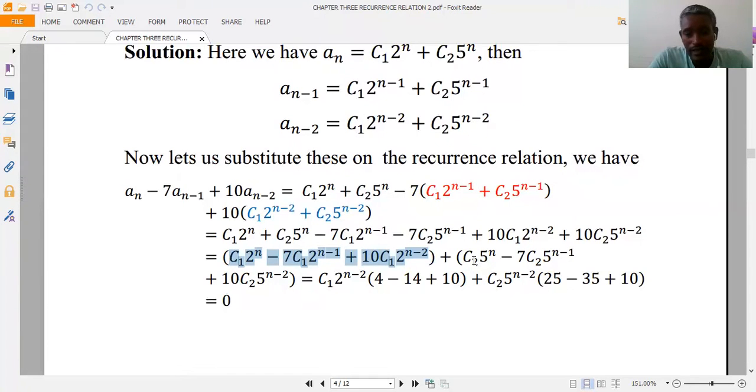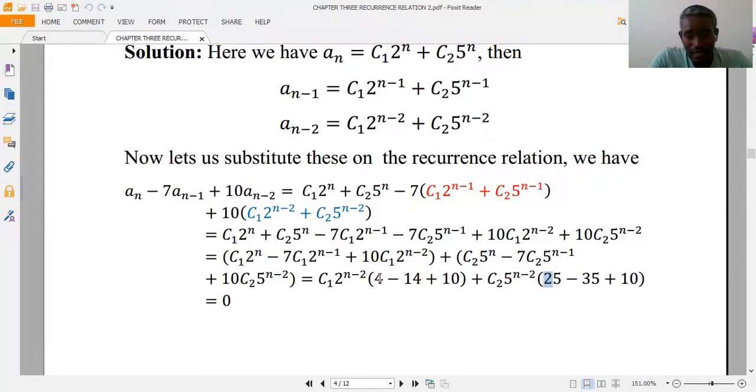Plus, taking common C2 times 5 to the power of n minus 2 on this part, on the first term what remains is 25, on the second term minus 7 times 5, which is 35, plus on the last term you'll get 10.